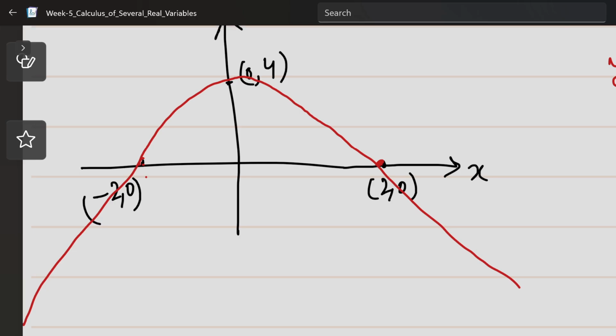Then the same shape, so this is y equal to 4 minus x square. So what is y equal to 4 plus x square? That is this half from 0 comma 4.